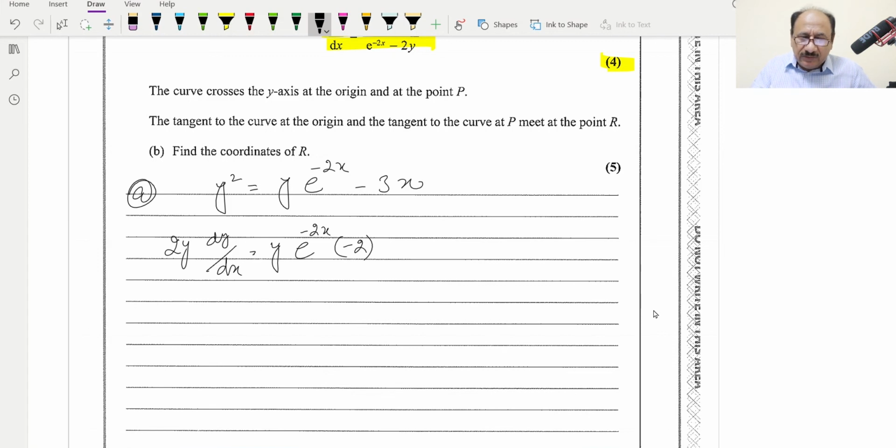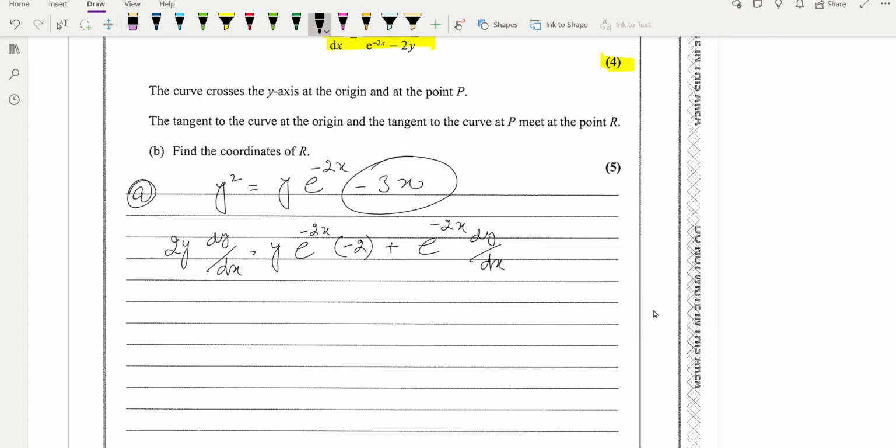So we'll write like this, and plus next, this is uv, we have taken the derivative of the second. Now the second function as it is, and the derivative of the first, which is dy over dx, and the derivative of this one will be minus 3, so we'll write here minus 3.